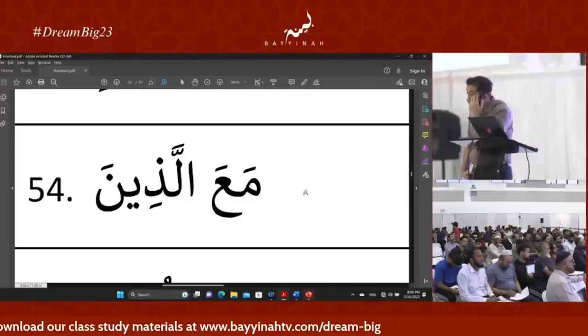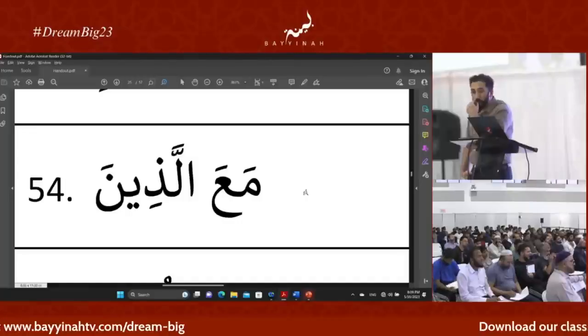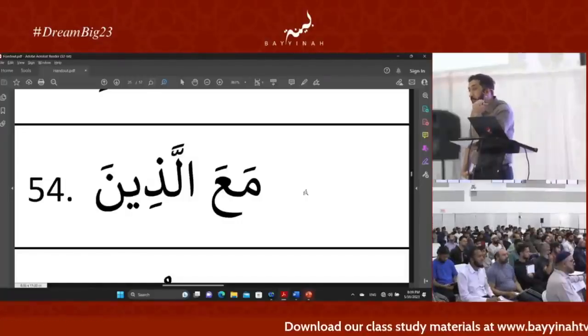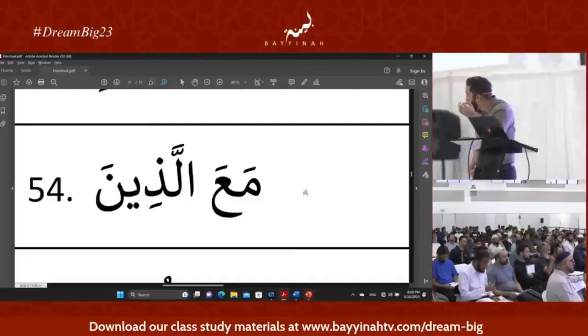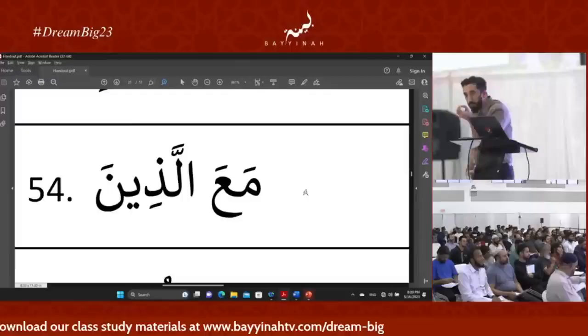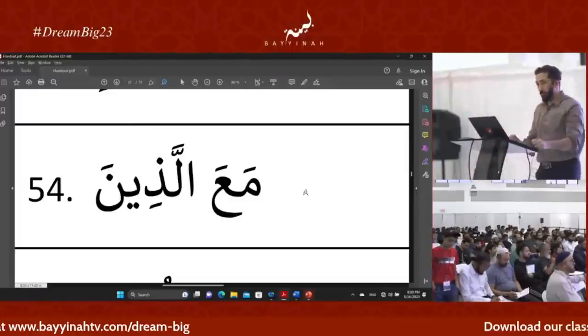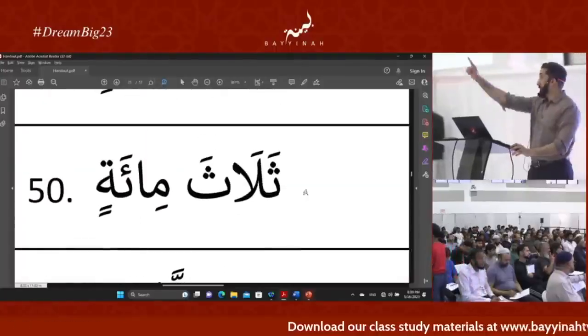Okay, does ma'a look like it could be a mudaf? Could alladhina be jar? Because it could be any of the three. But if it could be, then it is, and therefore this is in fact a mudaf and a mudaf ilayh. Yes.